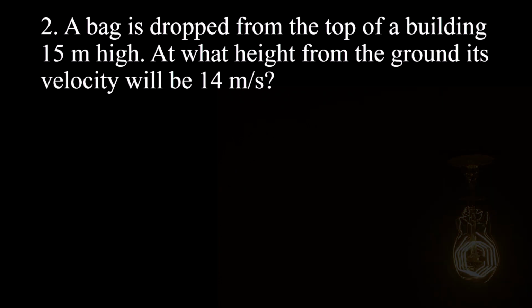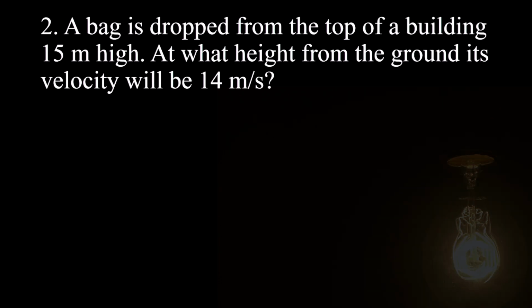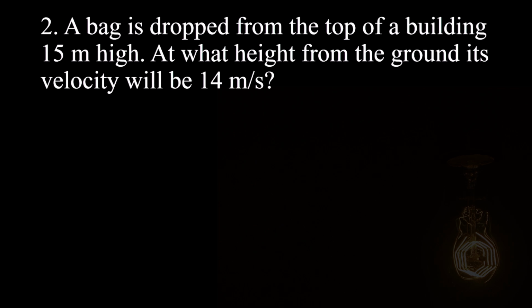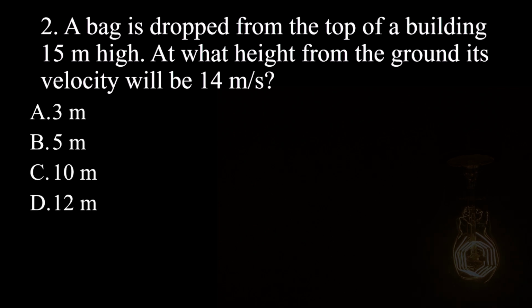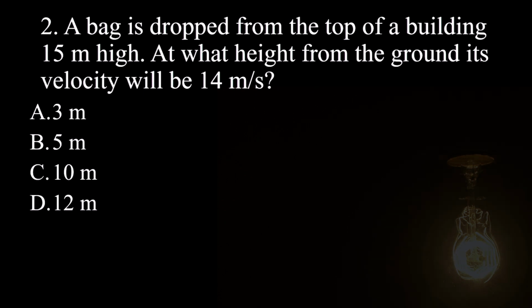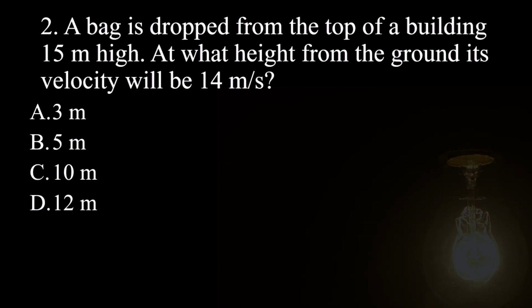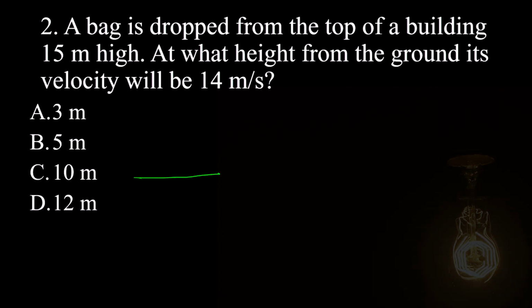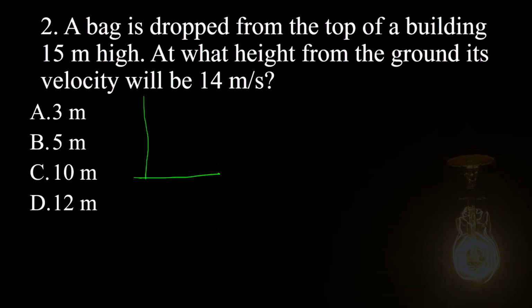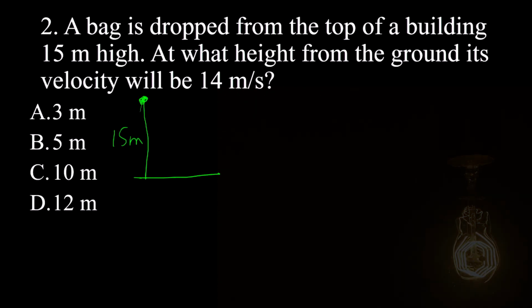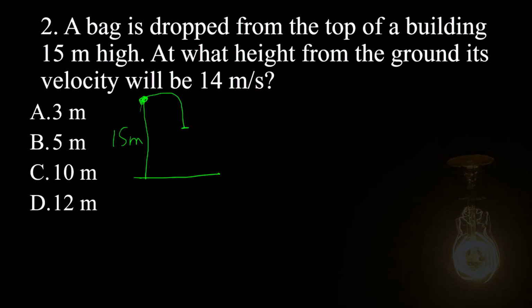A bag is dropped from the top of a building 15 meter high, and at what height from the ground will its velocity be 14 meter per second? These are the given options. So let's make a scenario: there is a ground, and the height of the building is 15 meter, and a bag is dropped from this height. Let's say at this particular height the velocity will become 14 meter per second.